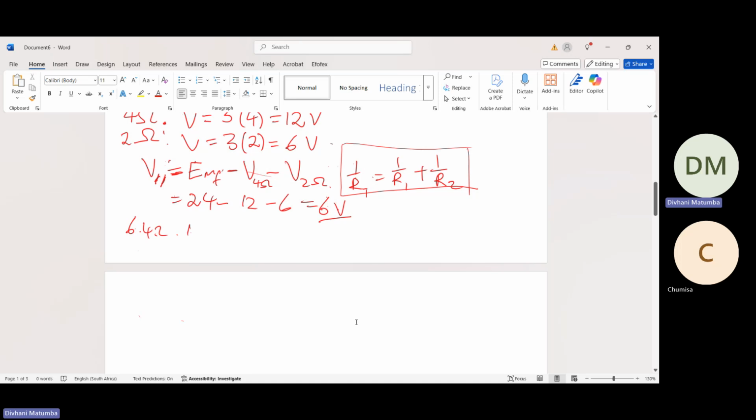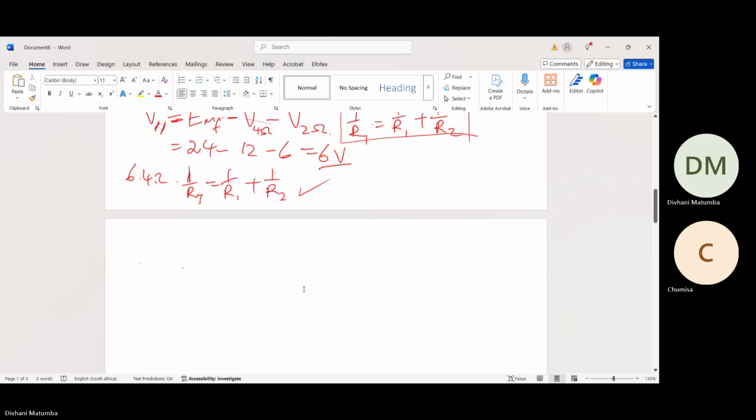So you have said to me that the resistance across the parallel connection is given by 1 over R1 plus 1 over R2. I agree with you. Okay, do we have the value of RT?